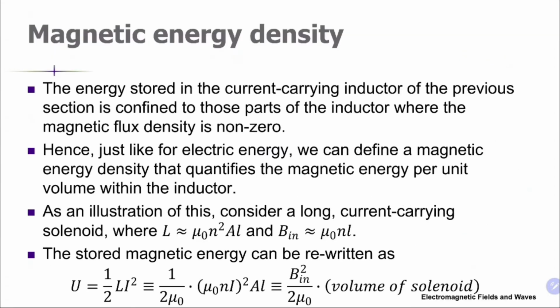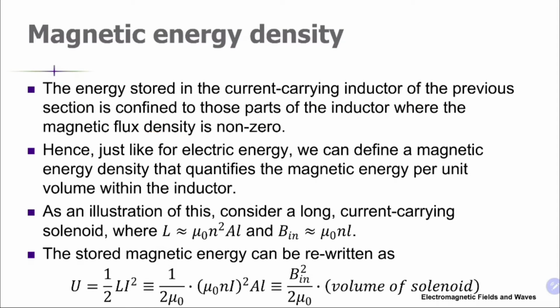Just like our electric energy density, we can do the same for magnetic. Again, we define something called a magnetic energy density. The energy stored in the current carrying inductor is confined to those parts of the inductor where the magnetic flux density is non-zero.